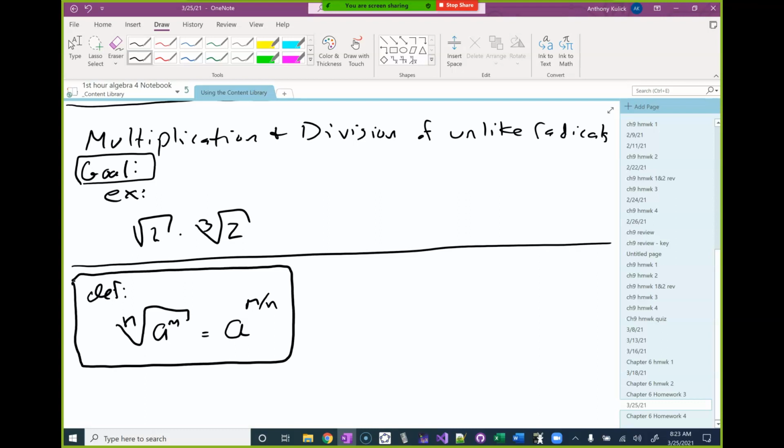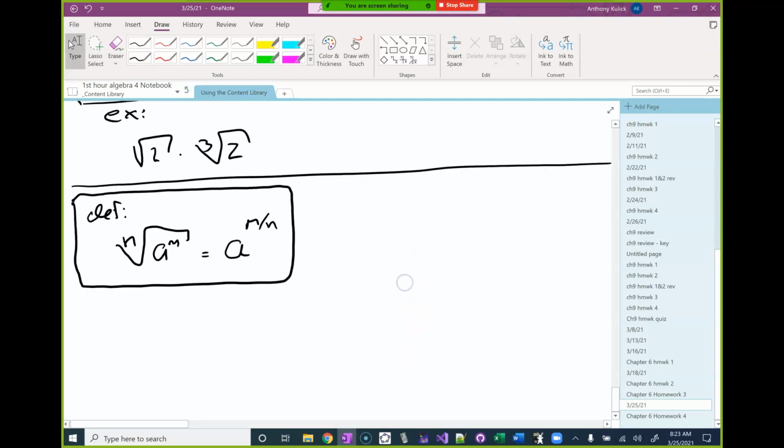So before we do that, though, let's just practice going back and forth. So let's write these in the exponential form. So if we have the cube root of 2, what is the exponent on the 2?